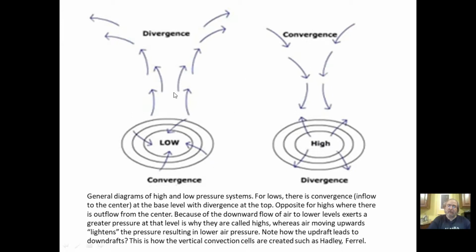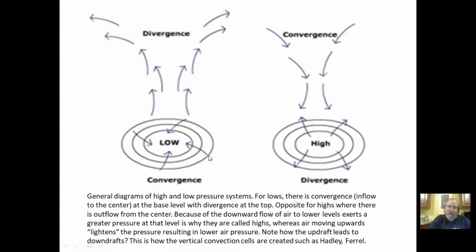And typically, watch the cursor here. Think of this as being like the Hadley cell going to the Ferrel cell, right? You have this convective cell in the atmosphere. Divergence at the top of the low pressure system creates a convergence at the top of the high pressure system, where it sinks.